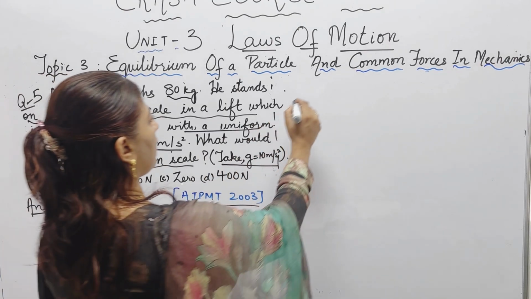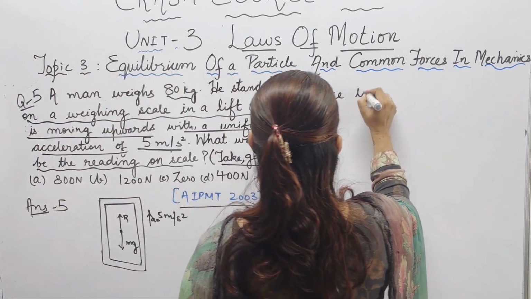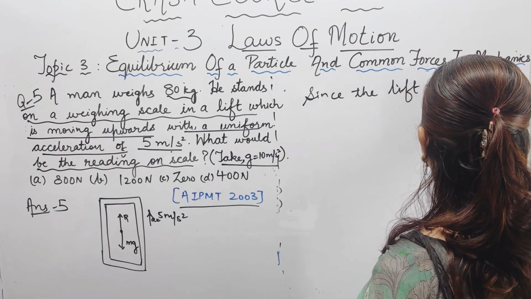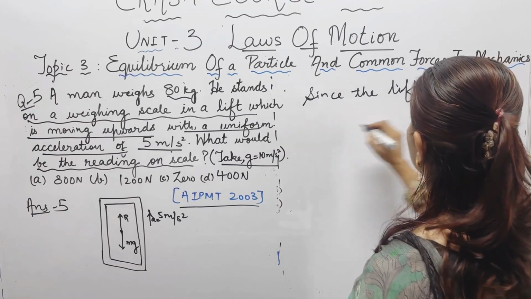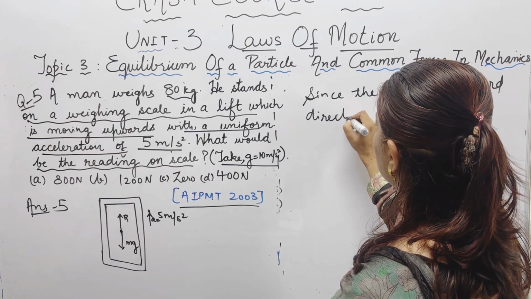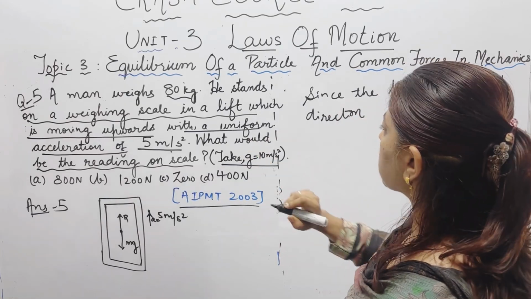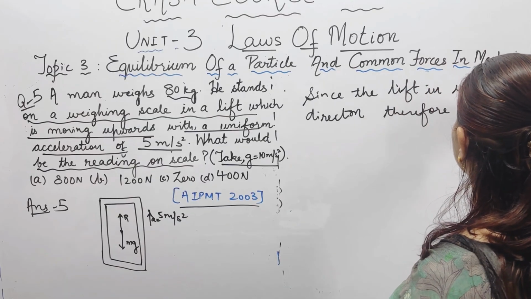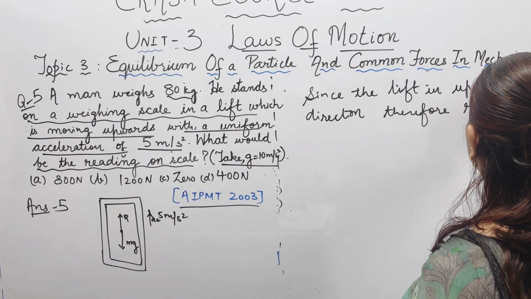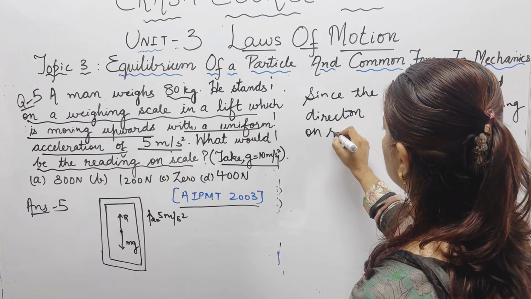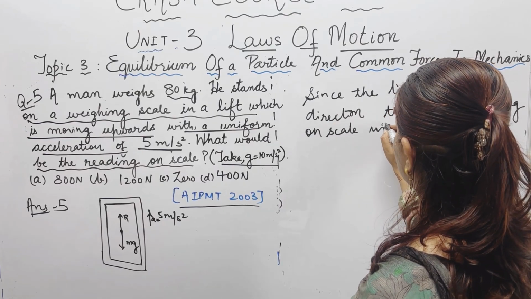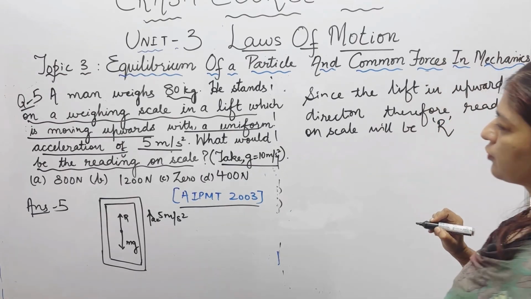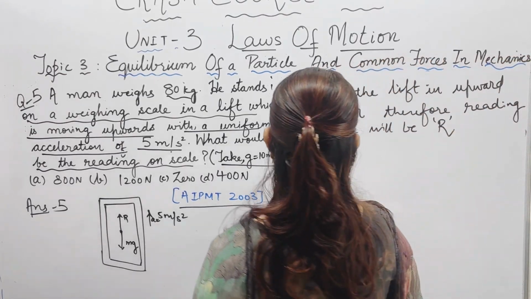Since the lift is moving in upward direction, what we need is the reading on the scale, which will be R. So we have to find out the value of R here.